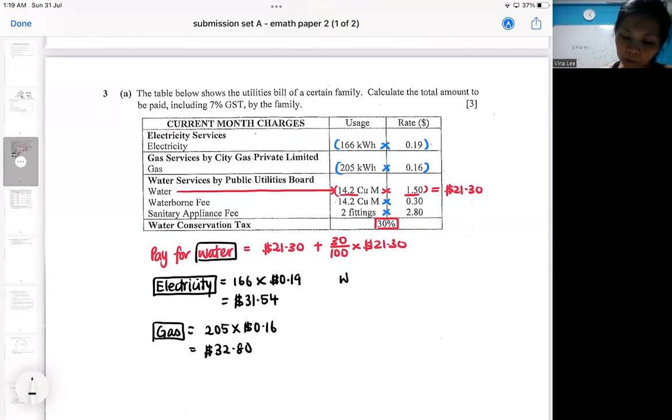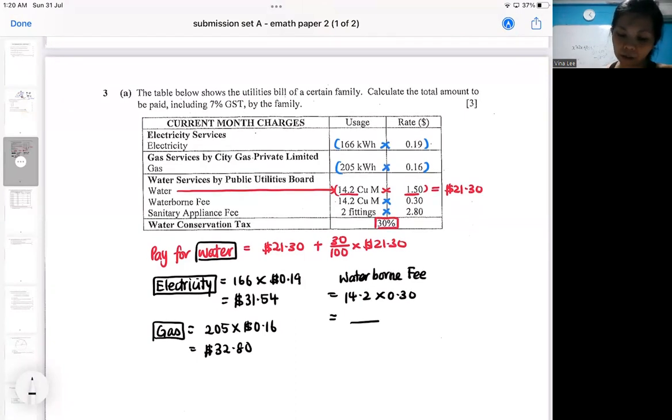So the water bond fee, individual item. Actually, I'm not very sure what the water bond fee is. Something like they ask me to pay, I will just pay. And the sanitary appliance fee, that will be like 2 times this.